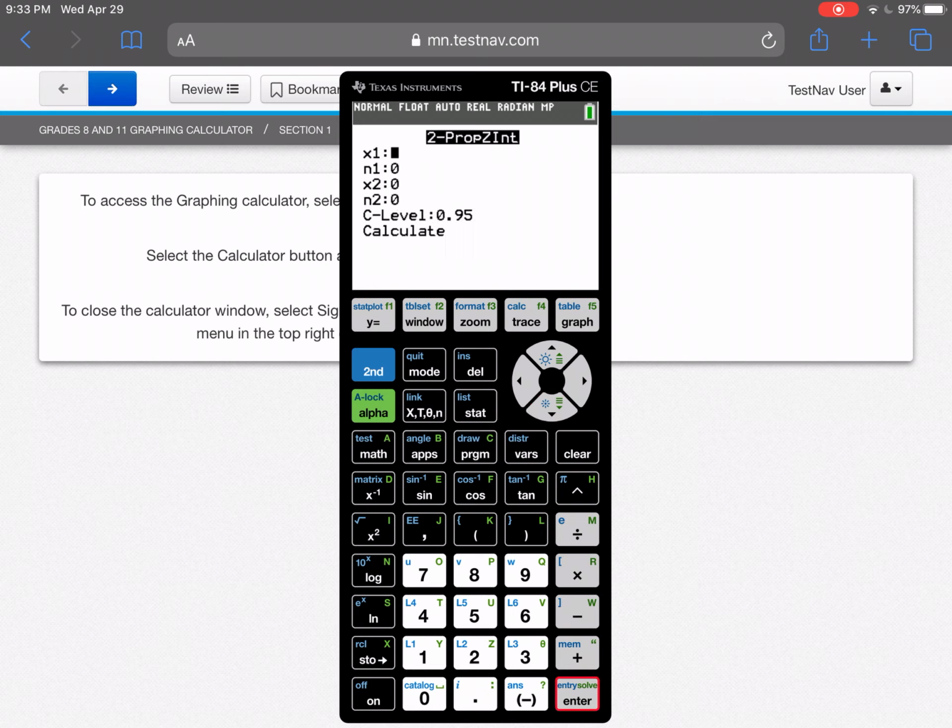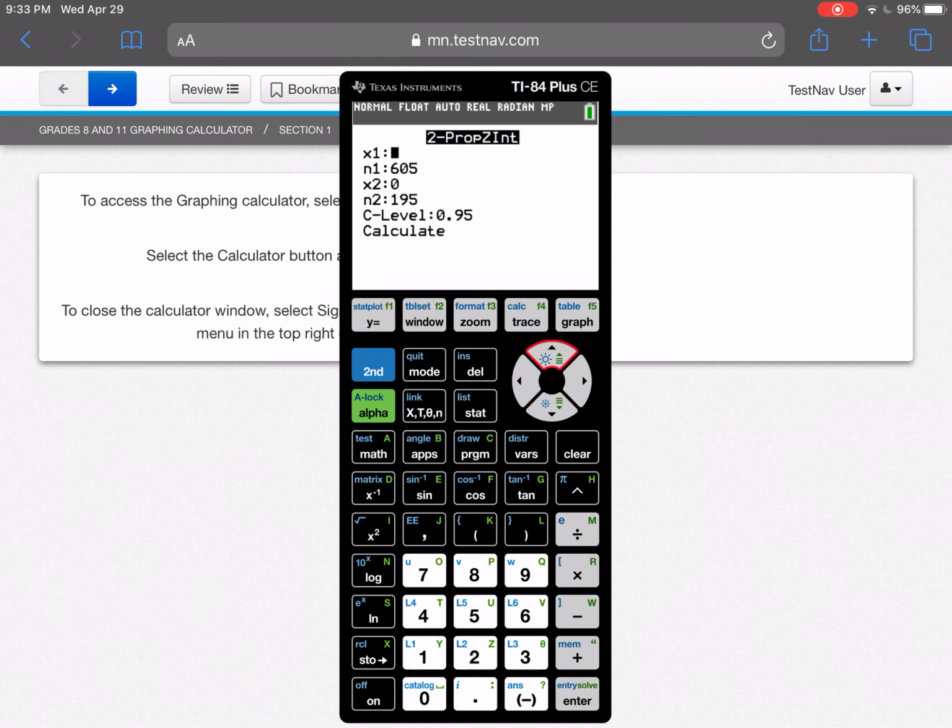I'm going to click on that, and then it's going to ask me for x1, n1, x2, n2, and a confidence level. So the n values should be pretty obvious. I'm going to go ahead and type those in, 605 and 195. The x value is what you divide by n to get your p hat values.